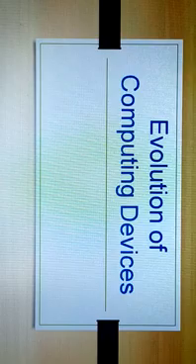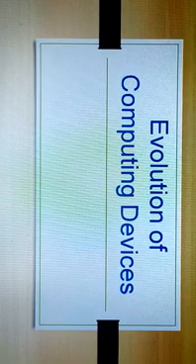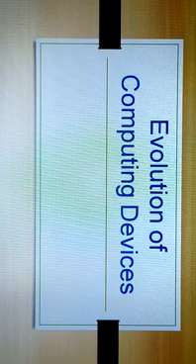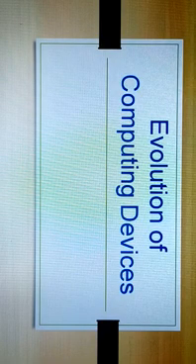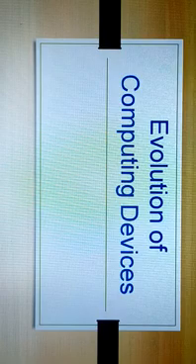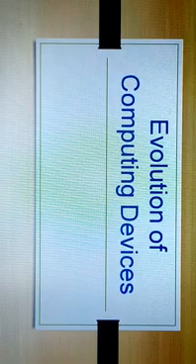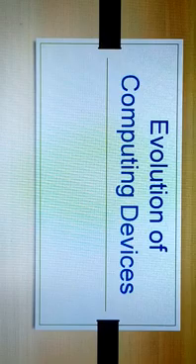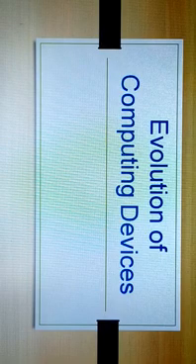So, when we think about the evolution of computing devices, the word computer is derived from the word compute, which means to calculate. If we look back at the history of computers, it can be traced back to 2000 BC.